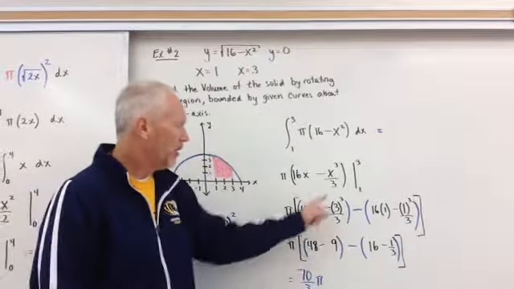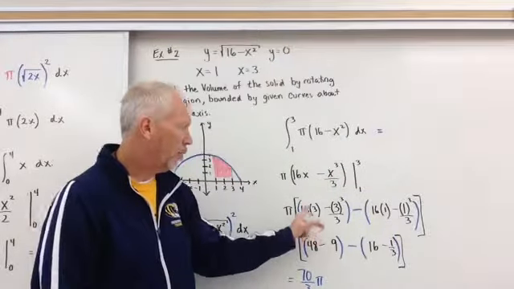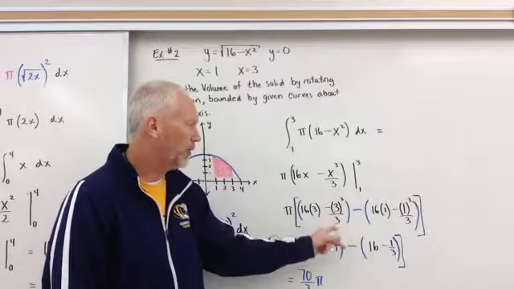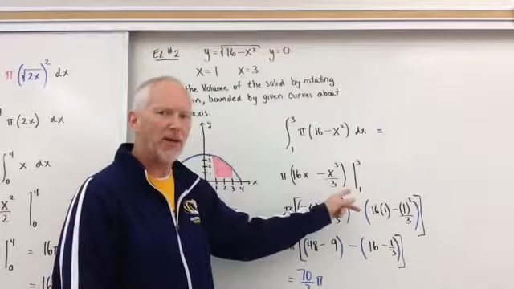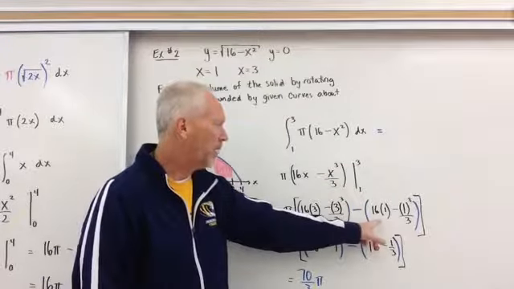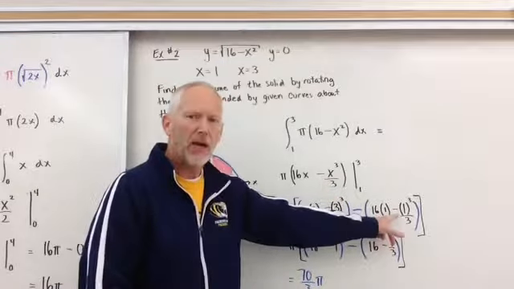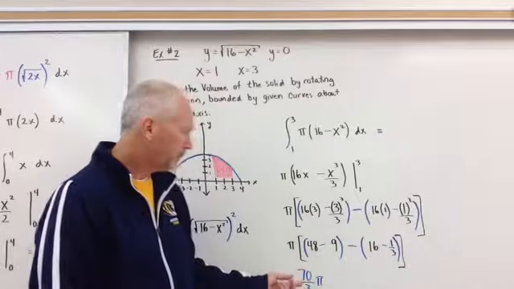So here it is. We substitute 3 in, we get pi times the quantity of 16 times 3, minus 3 cubed over 3, minus, remember, f of b minus f of a. So f of a will be 16 times 1 by substitution, minus 1 cubed divided by 3.